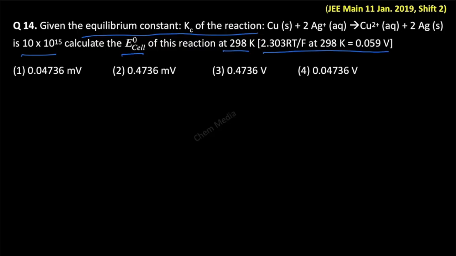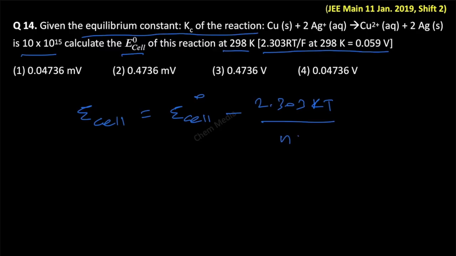We know that the Nernst equation is E cell is equal to E cell standard minus 2.303 RT by nF log Q. Q is the reaction quotient. We also know that at equilibrium, Kc is equal to Q.